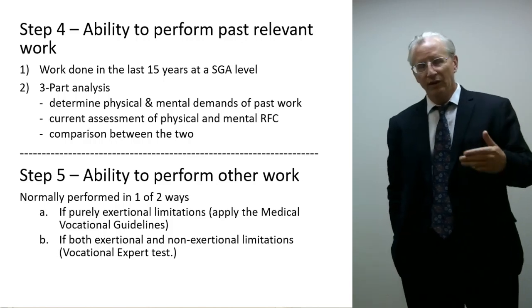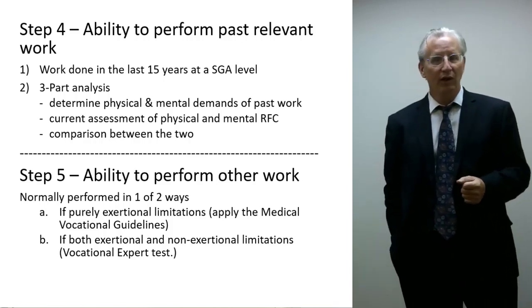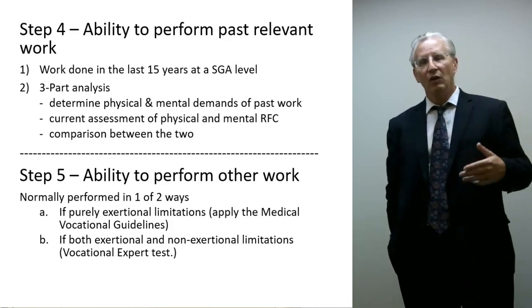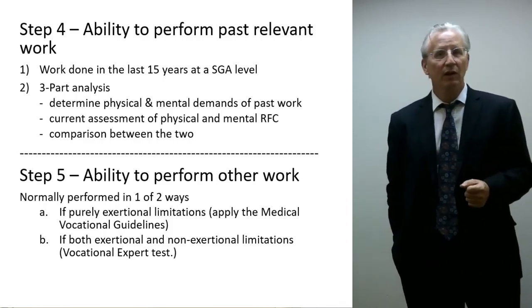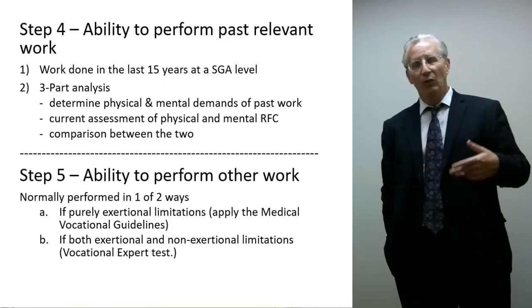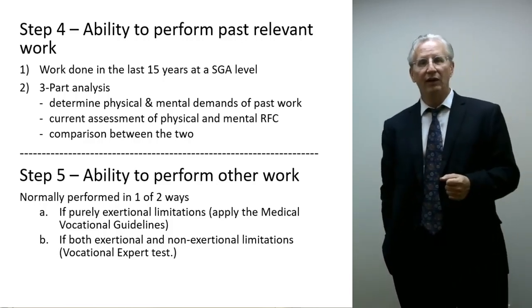If they are only exertional limitations, then Social Security has what are called the medical vocational guidelines. And those are a set of rules and regulations which actually dictate the outcome of a particular case, meaning whether or not someone is to be allowed or whether or not someone's case is to be denied.